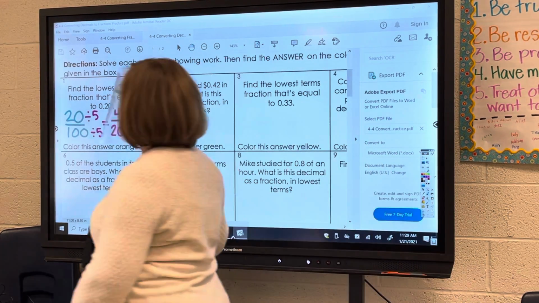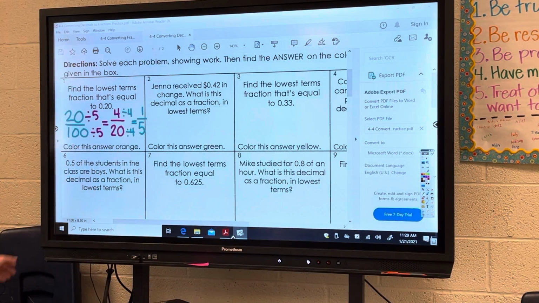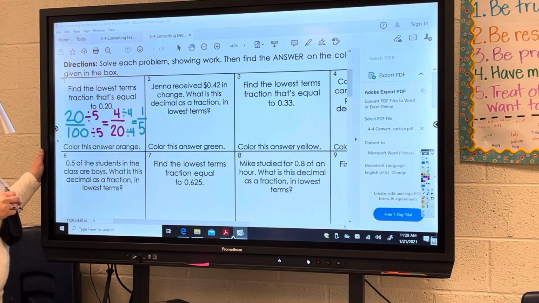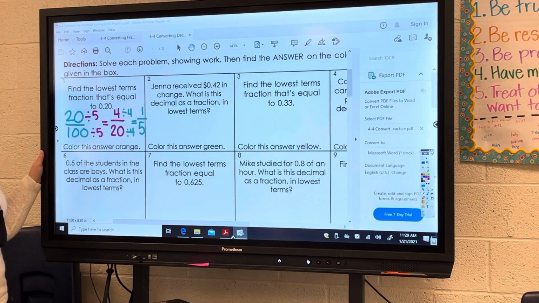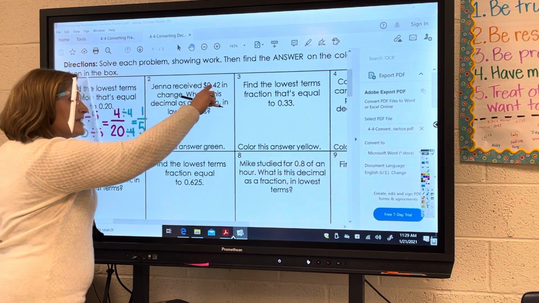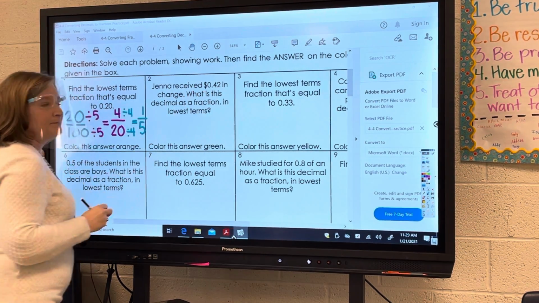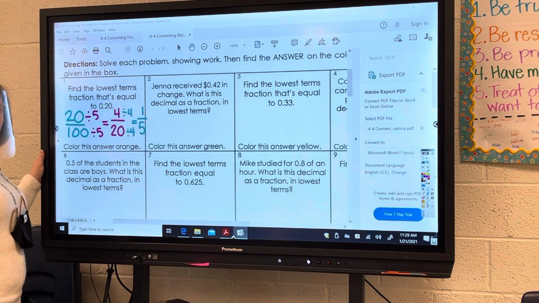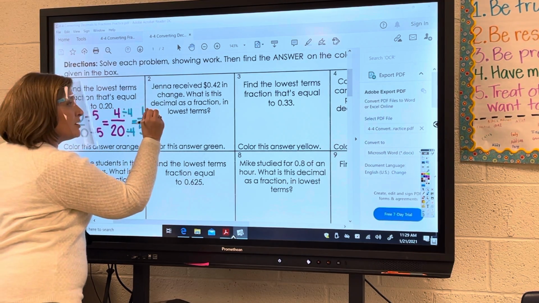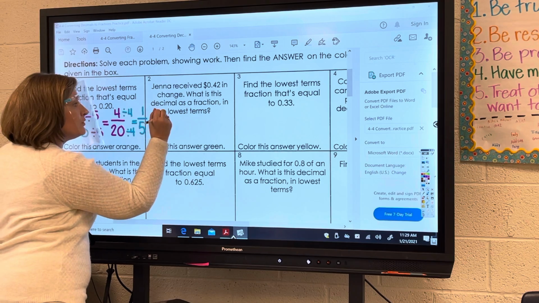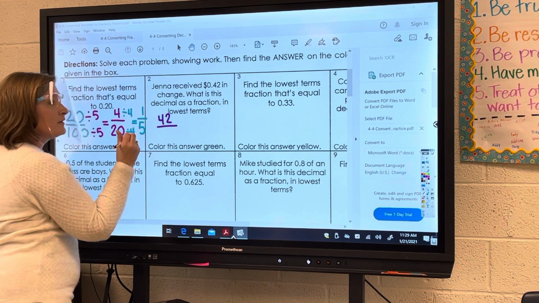All right, let's look at Jenna. Jenna received 42 cents in change. What is this decimal as a fraction in lowest terms? So let's read this. 42 what? Hundredths. So what's going to be my top number? 42. What's going to be my bottom number? 100.